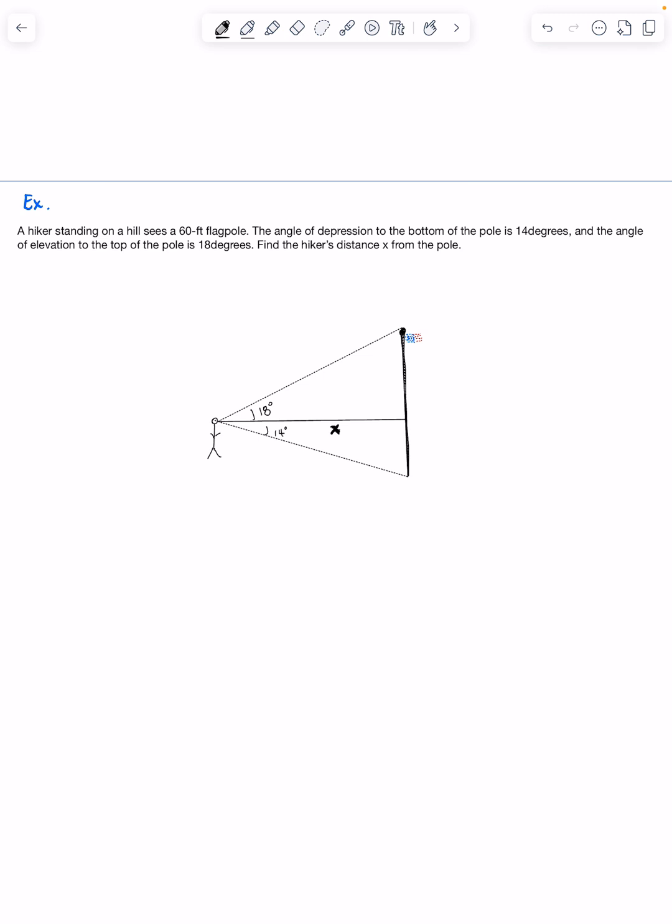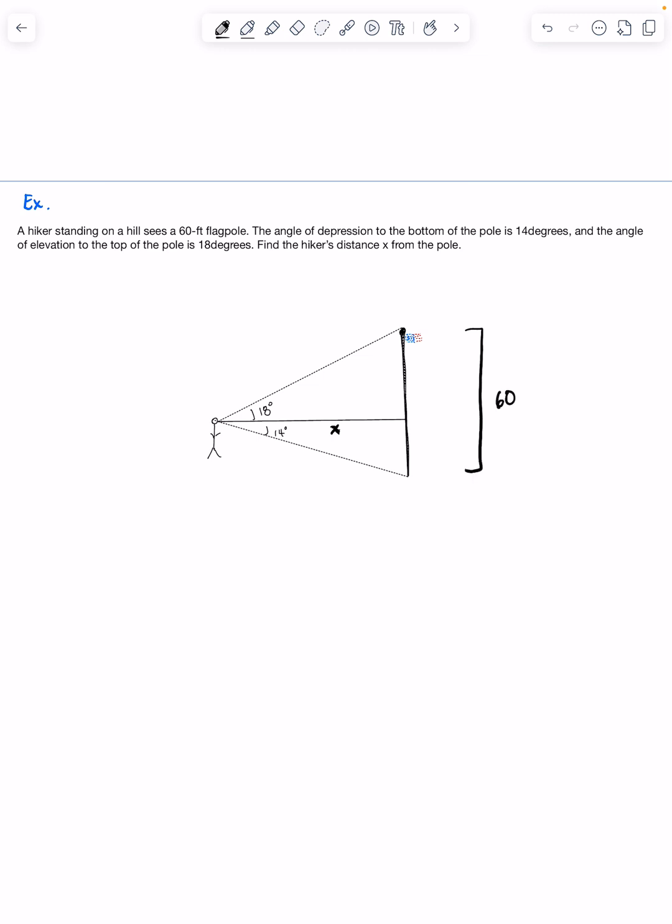Alright, so we don't have enough information to just set up a trig ratio and be done with it. What we do know is that the height of the flagpole is 60. So this entire thing right here is 60.